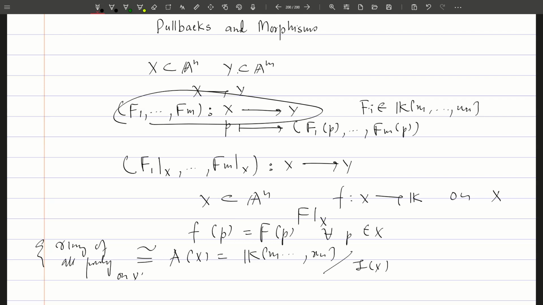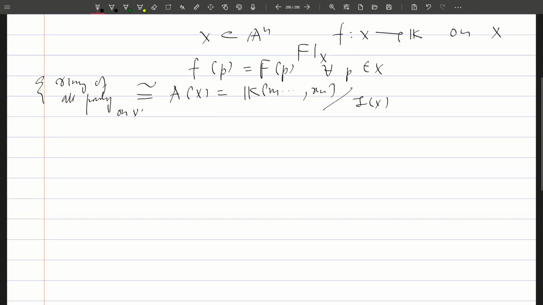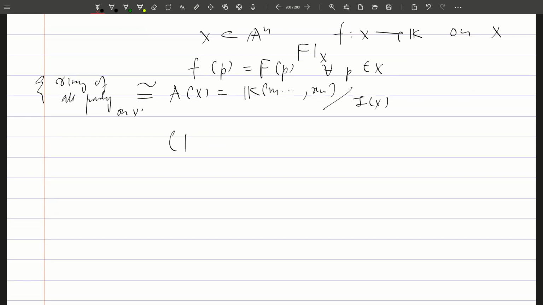So we can also write a polynomial map this way. If we are given a polynomial map, say (f1 restricted to X, ..., fm restricted to X) from the set X to Y, we can write this polynomial map as the m-tuple (f1, ..., fm), where these fi's are polynomial functions.